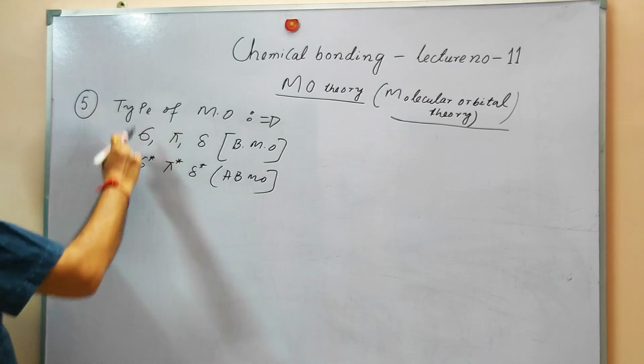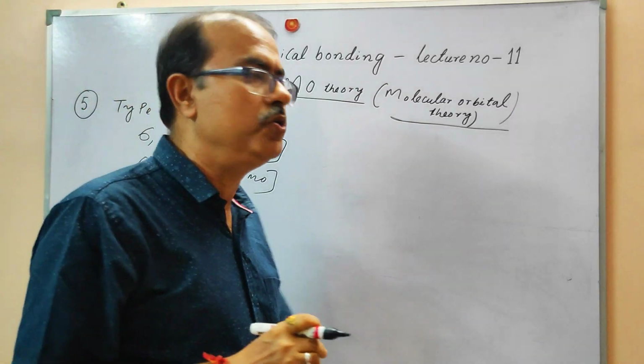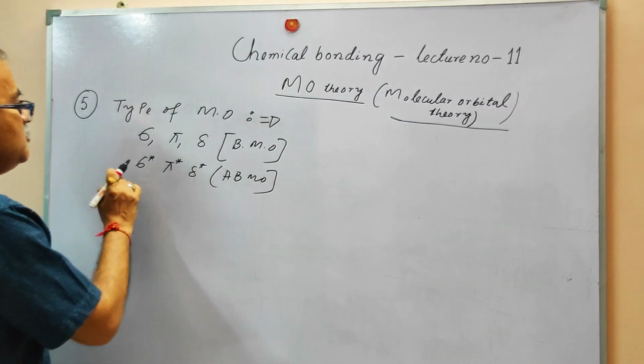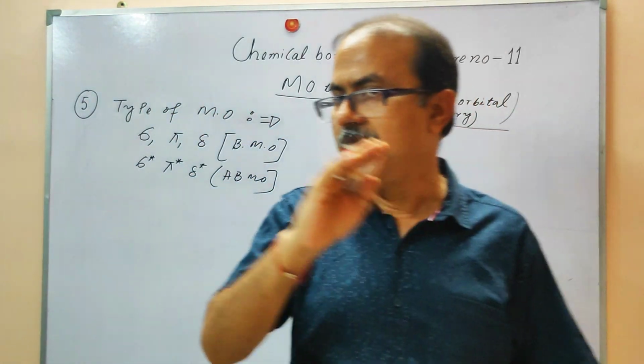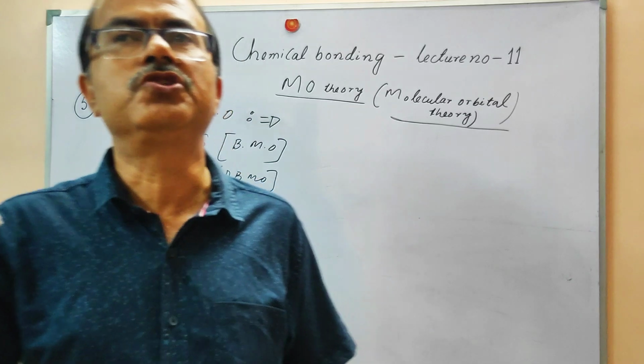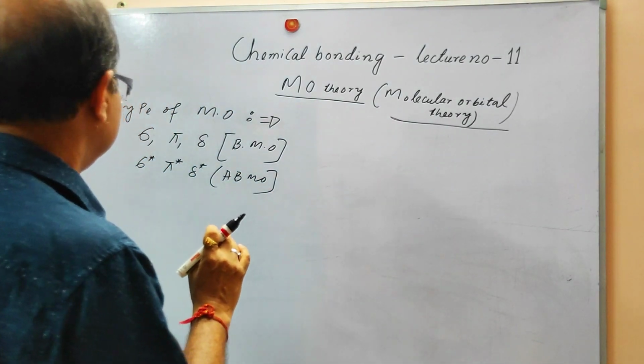Now what is the difference between the sigma and pi molecular orbital? Let us understand. A sigma orbital is symmetric around the bond axis, whereas a pi orbital is not symmetric around the bond axis.